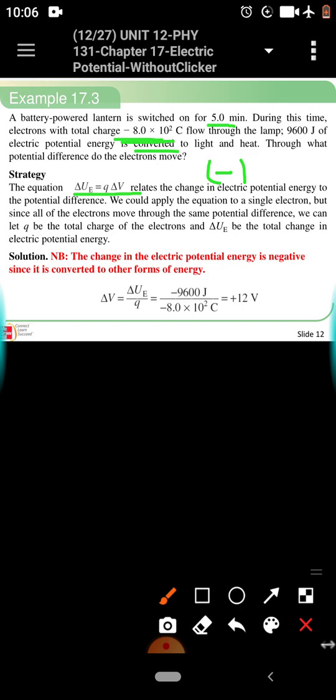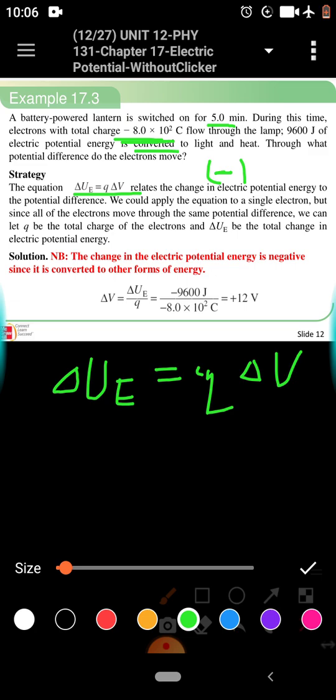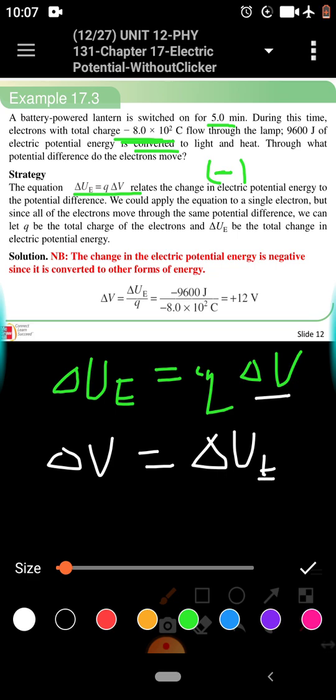The change in electric potential energy is negative since it is converted to other forms, so you need to put it in negative. From the formula that relates electric potential energy to electric potential, since we want the potential difference, we say the potential difference is equal to the change in potential energy over the charge.